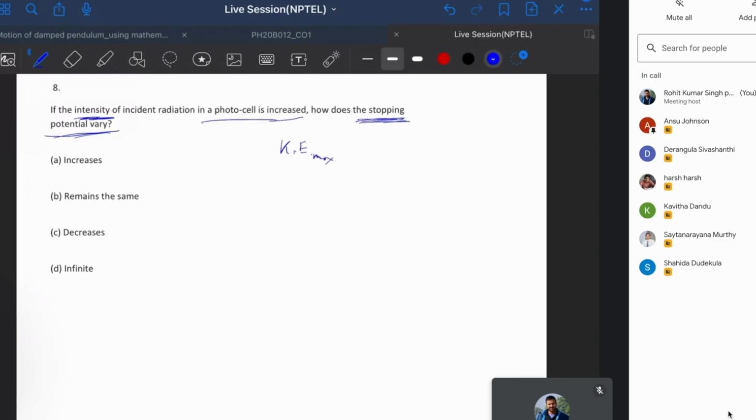If the kinetic energy max matches the stopping potential V naught, we can stop the photoelectrons from reaching the cathode, correct? So the stopping potential is given by this formula, as I mentioned before. V naught is the stopping potential.